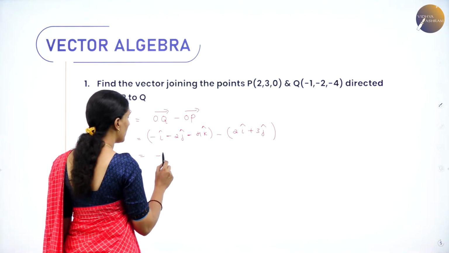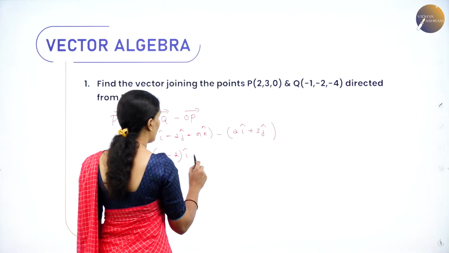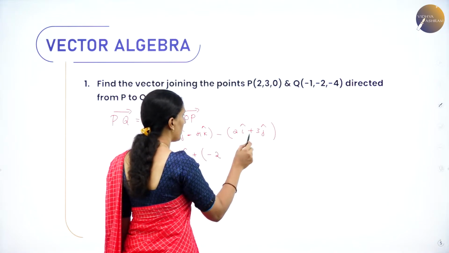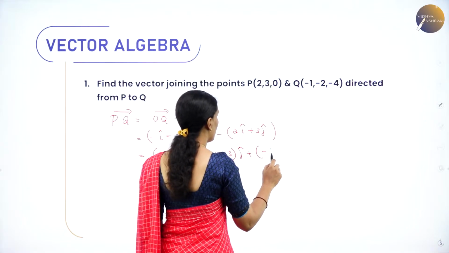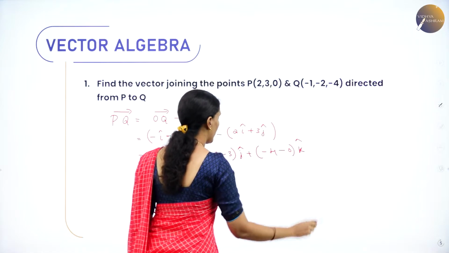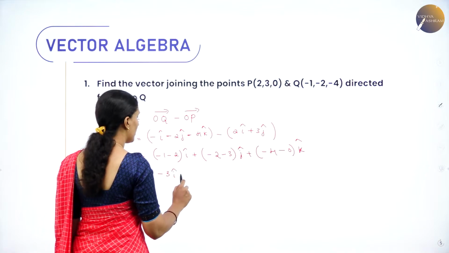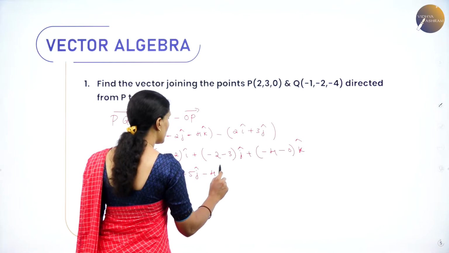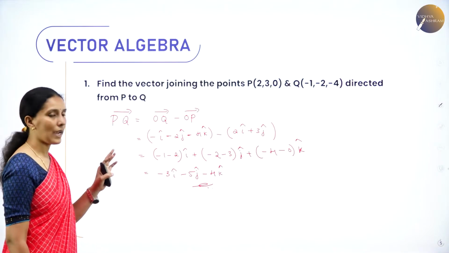Here it becomes minus 1 minus 2 i plus minus 2 minus 3 j plus minus 4, there is no 0 there, minus 0 k. So we will get it as minus 3i minus 5j minus 4k. So this is the position vector of the vector joining the 2 points P and Q.